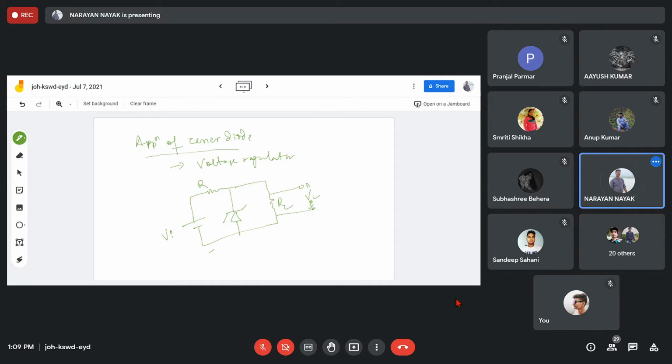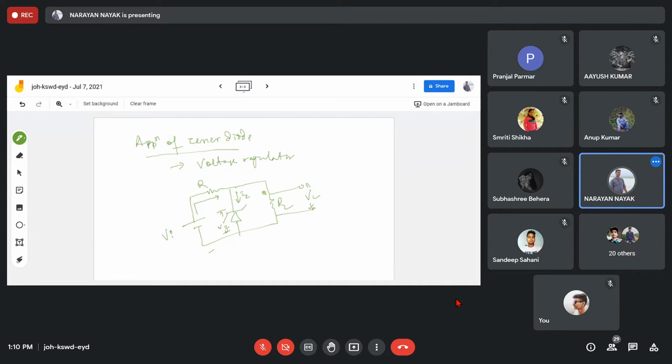I can take this as your general voltage V. As you know, this is a positive terminal, so current will flow like this. The current through the diode is IZ.